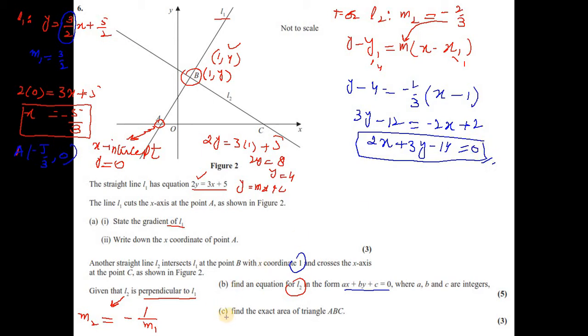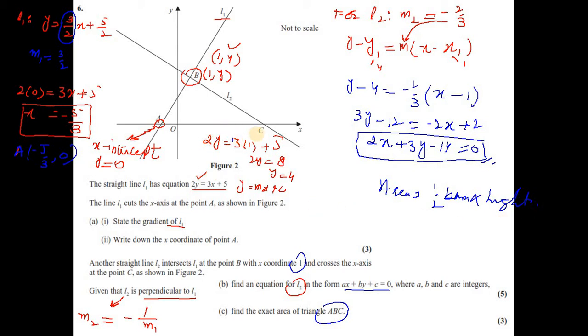Part C. Find the exact area of the triangle ABC. Triangle ABC. If you see the diagram, we know that this is the triangle ABC, and for a triangle we have the concept that the area of the triangle is half of base into height.